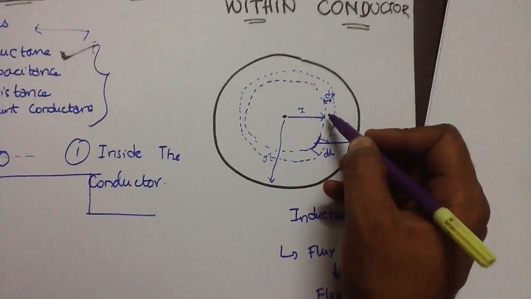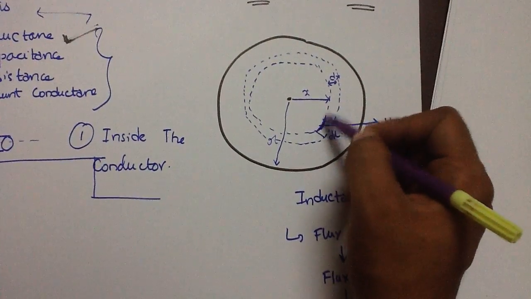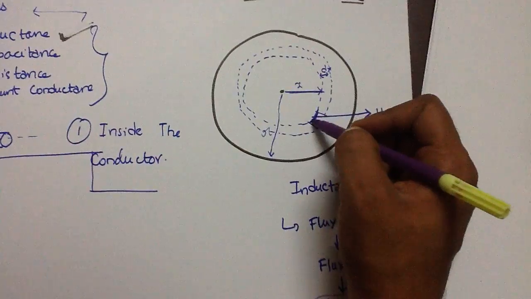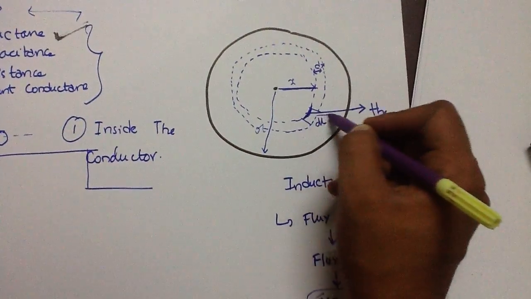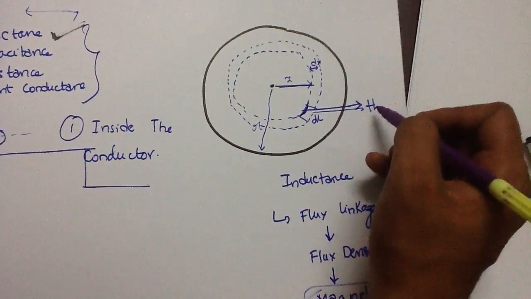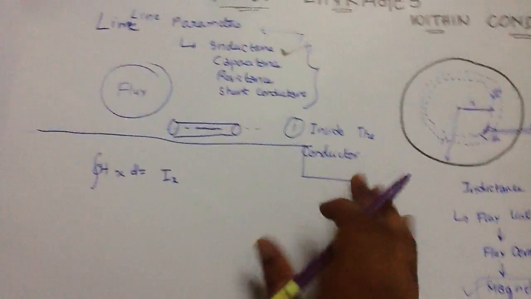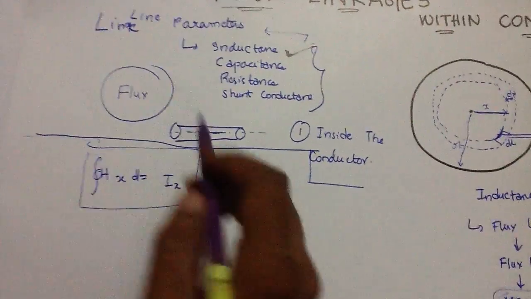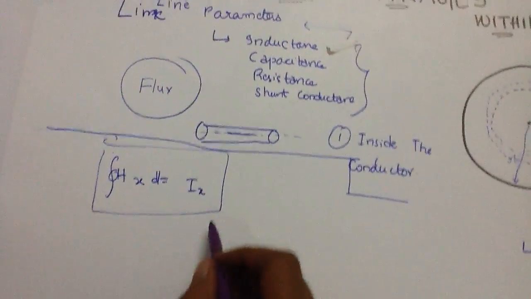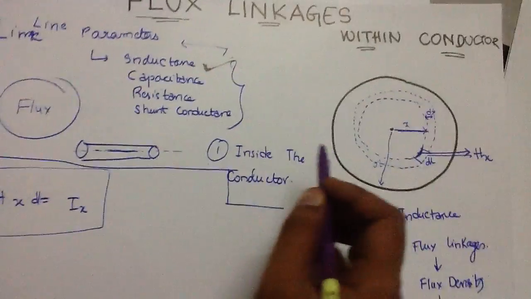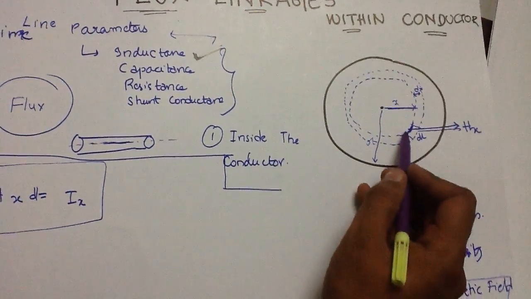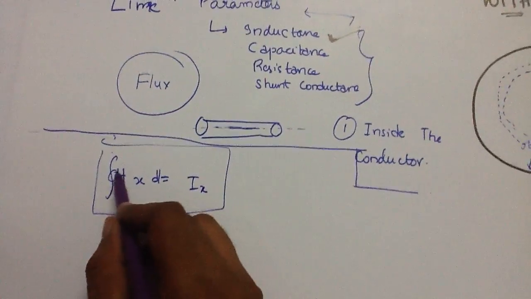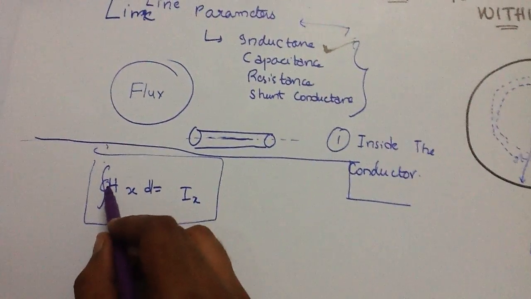I'm assuming this radius is x, this is the referential small element dl, and here I'm calculating the magnetic field intensity Hx. Now dl is something here, so if I'm integrating it, it is a closed integral.